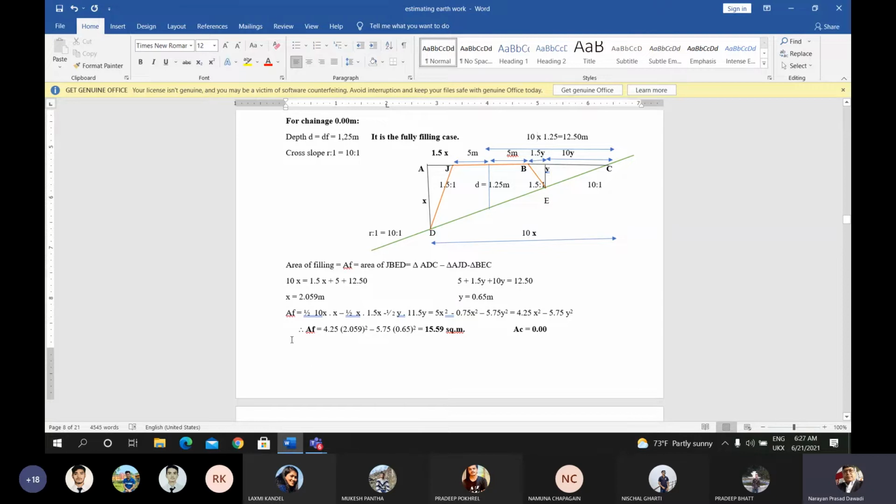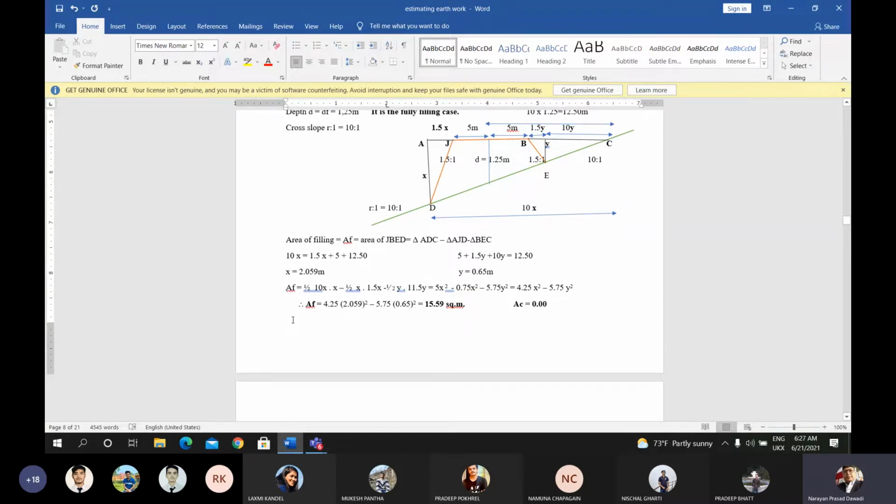So the area of this filling portion would be half 10x into x, the area of the bigger triangle, minus half x into 1.5x for the triangle ADJ, and minus half 11.5y into y for the BEC triangle, because the base will be 10y plus 1.5y, so the total base will be 11.5y.